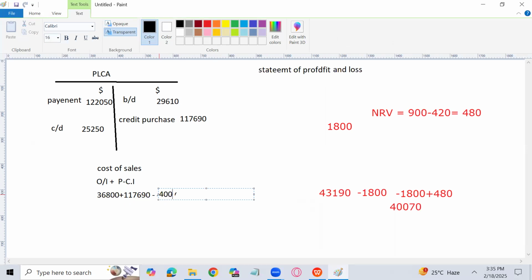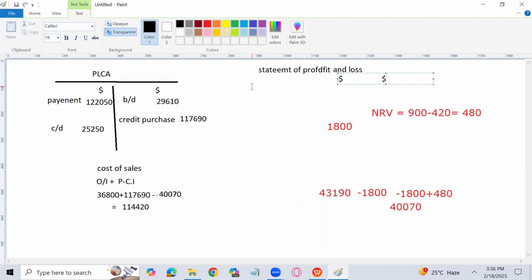So how much is it? 114420, right? Because we have already subtracted 1800, which is damaged, and the remaining 1800 of damaged inventory basically has an NRV of 480. So the correct value of closing inventory is 40070, which should have been written. 114420 is the cost of sales.